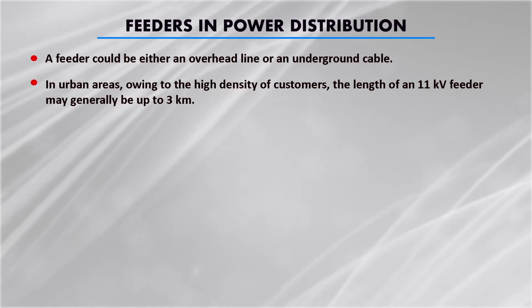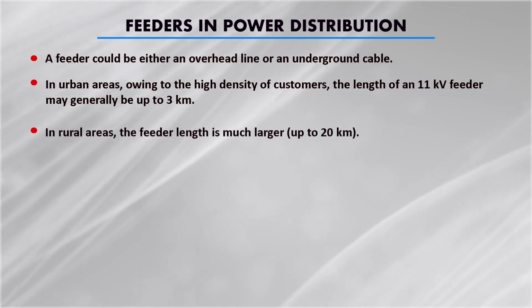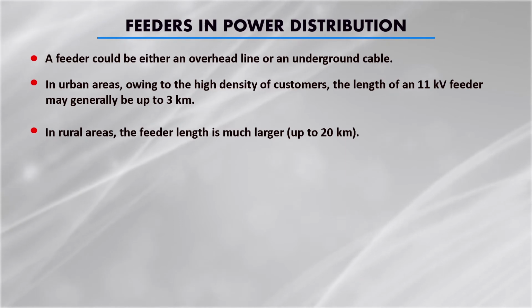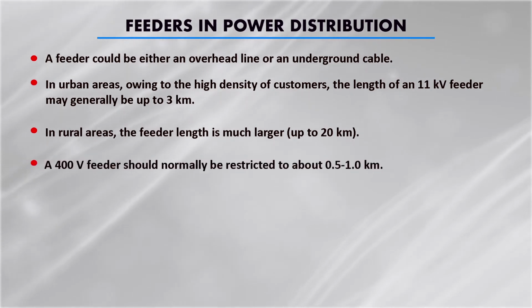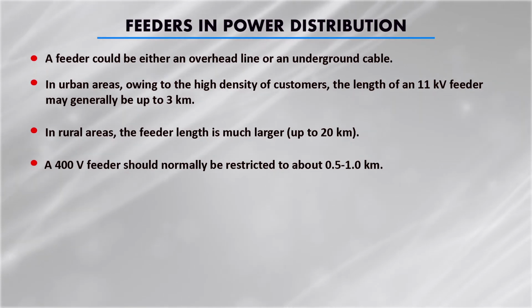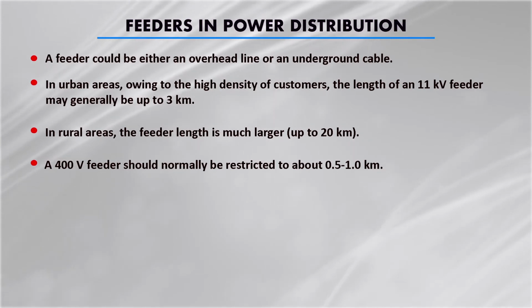That means we have to reduce the length of the feeder in urban areas. On the other hand, in rural areas the feeder length is much larger, up to 20 kilometers. Then a 400 volt feeder should normally be restricted, that means the low voltage feeder, the 400 volt feeder.